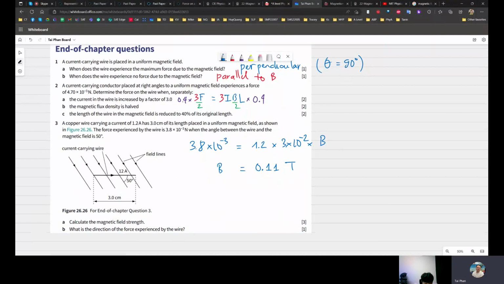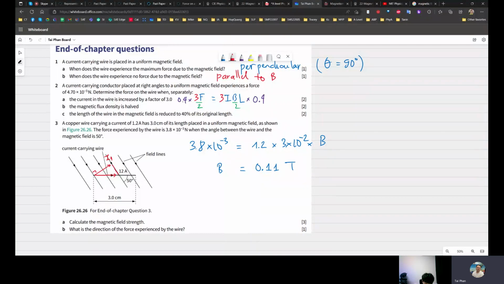Still just the left-hand rule. The current runs in this direction, making an angle of 50 degrees. You can use vector resolution to consider the current as two individual currents, one at right angle to the field, like this, a component I1, and the other component I2 parallel to the field line.